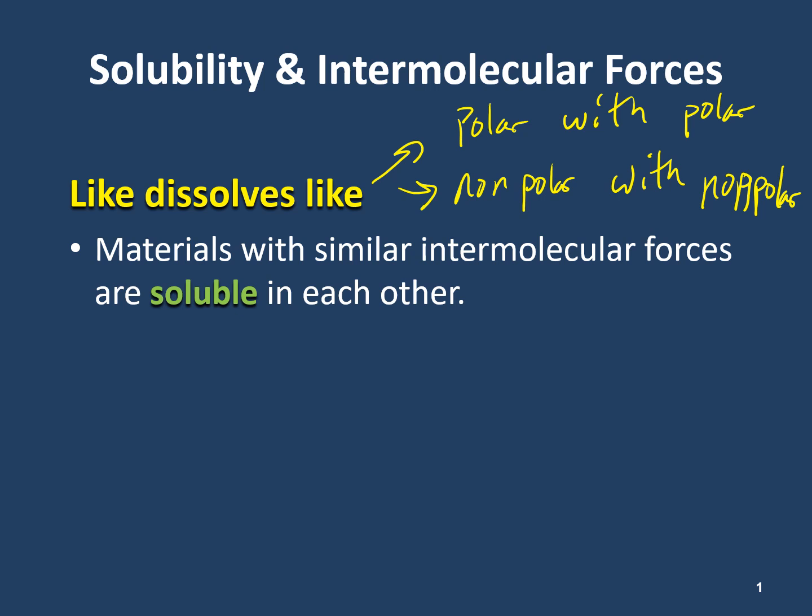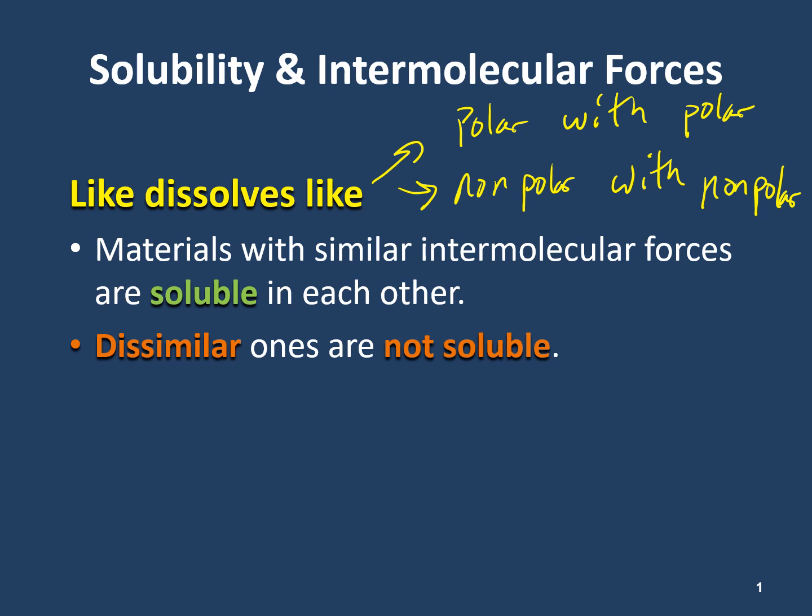Nonpolar molecules also have similar IMFs to other nonpolar molecules. So this is serviceable. It works 90% of the time. It does miss a couple things. So that's why in this class, we're going to think of it more in terms of their intermolecular forces, which is close to polar versus polar, nonpolar versus nonpolar.